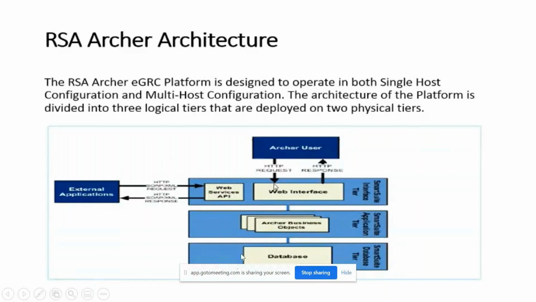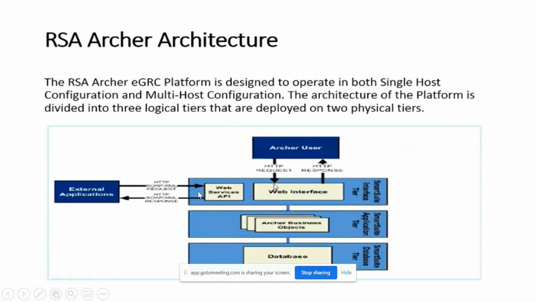These are not physical tiers. Physically they have a database and they have web servers or application servers. The database is connected to those two servers with the Archer application installed, and from there the Archer user can request data, and the response is sent to them through HTTP or HTTPS.